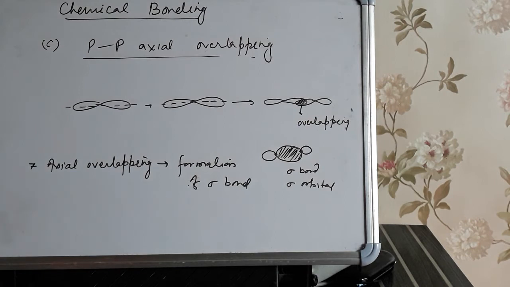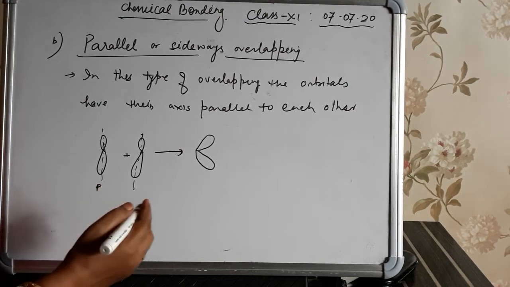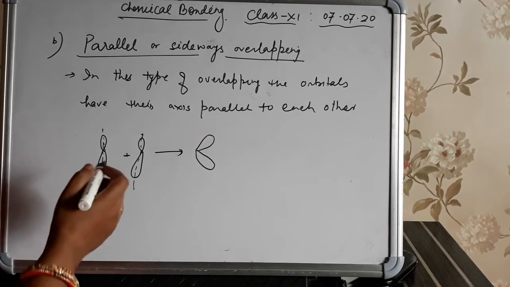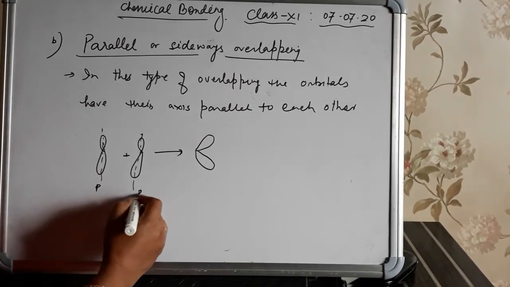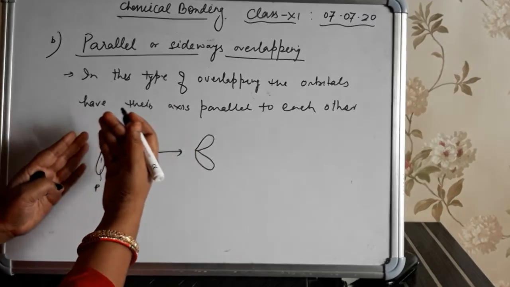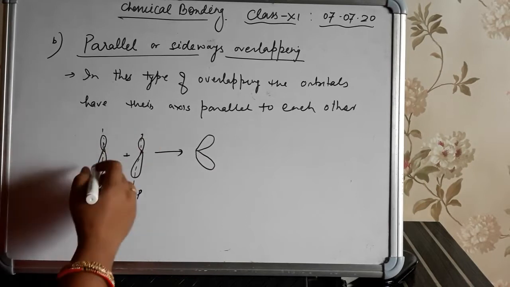So students, in this type of overlapping, the orbitals have their axis parallel to each other. When sidewise overlapping takes place, this is the p orbital, and when two p orbitals overlap in a sidewise or parallel manner, their axis is parallel to each other.